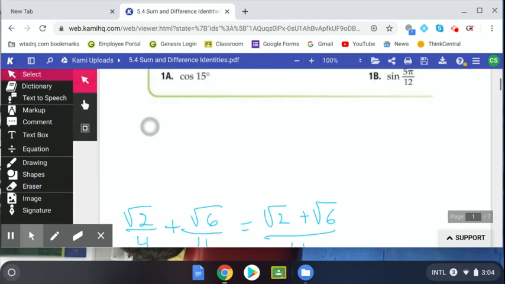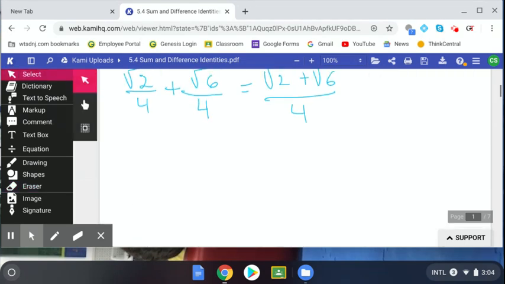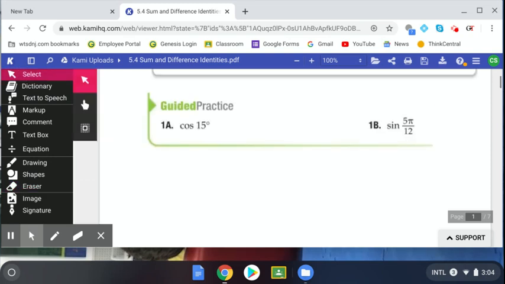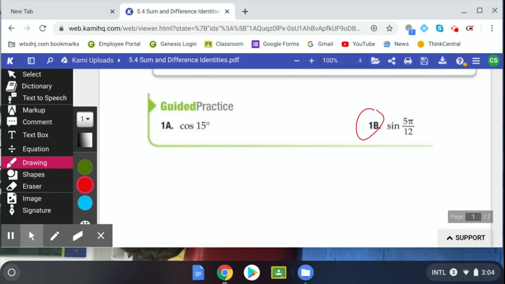All right, I have enough room here. Let's just erase the bottom as well. So this says 1b, sine 5 pi over 12.